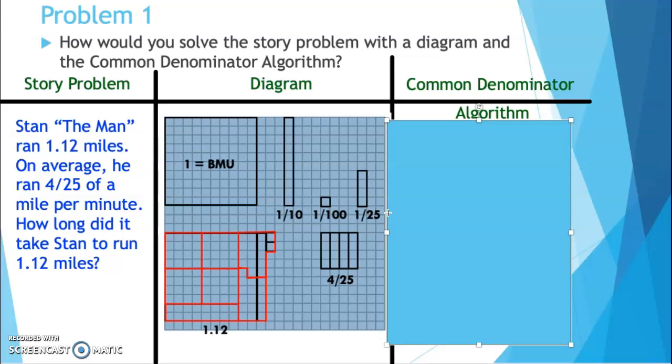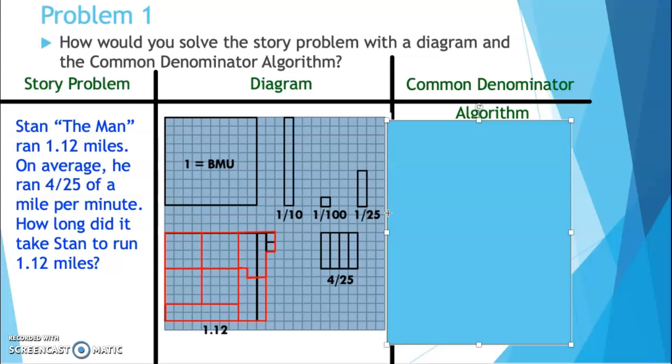It may be helpful for you to take pencil to paper or pen to paper or crayon to paper. Notice in this diagram they used graph paper, and how helpful that is, especially when you're doing 1/10, 1/100, 1/25. So be thinking about that.